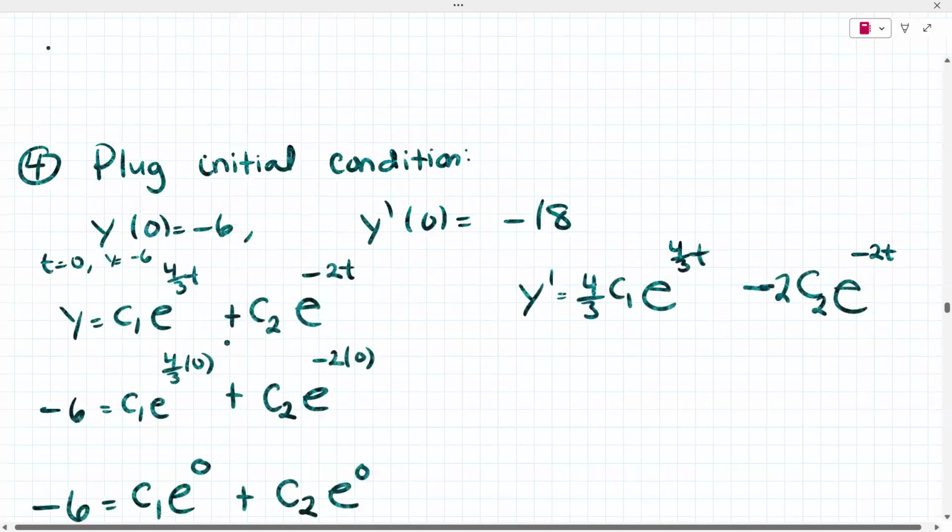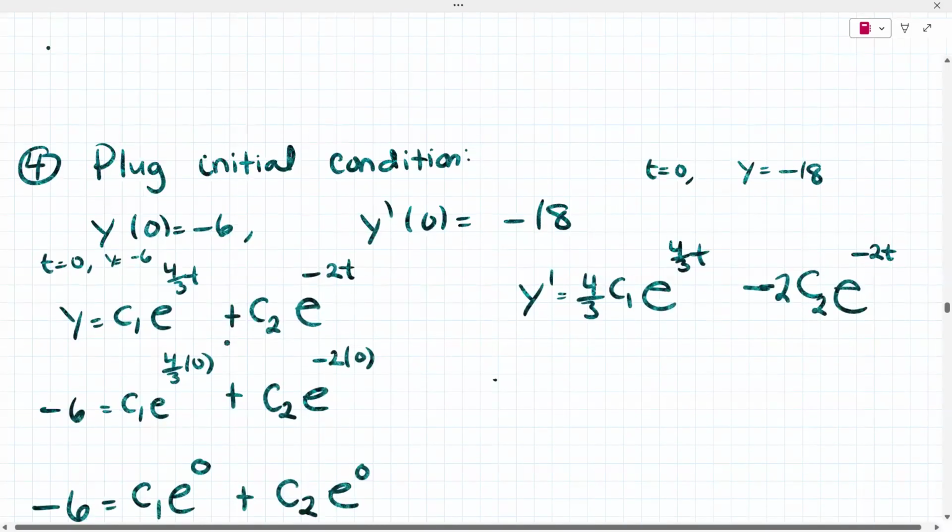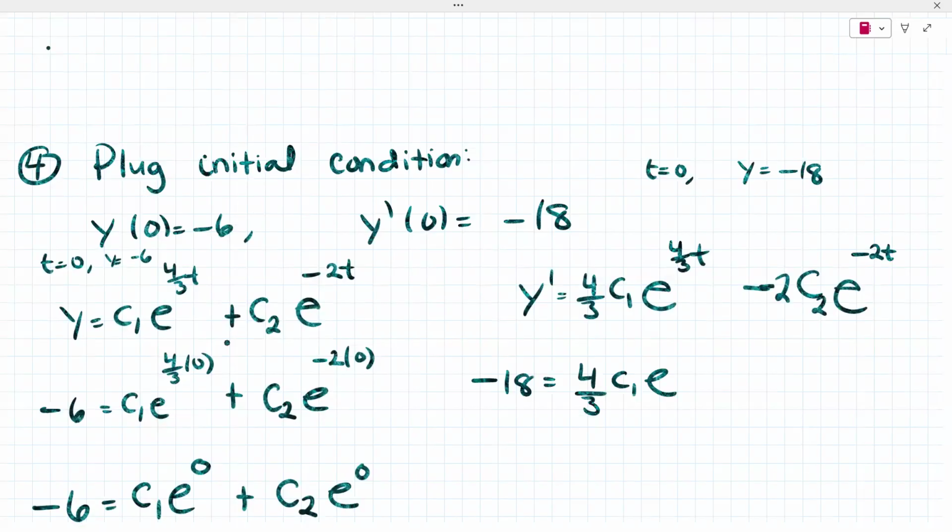And then let's plug in this initial condition. My t value is 0, and my y prime is -18. Let's see what we get. So this is going to be -18 equals 4/3 C1 e, and then I'll just do this. 4/3 times 0, that's 0, minus 2 C2 e.